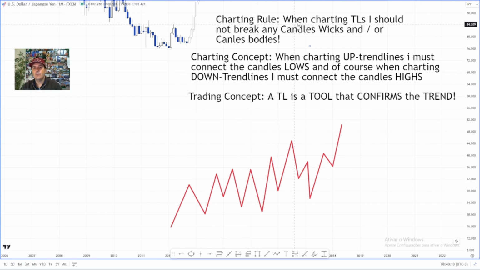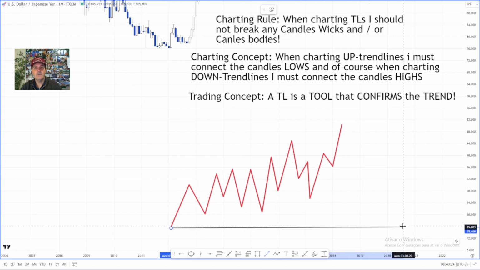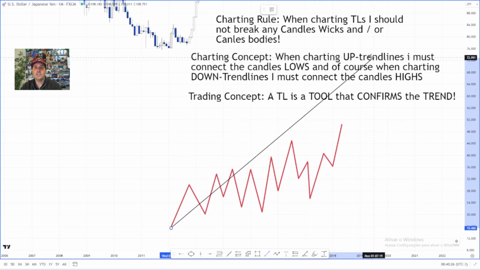So when charting the trend line, I should not break any candles and wicks. Now I'm going to take the first low, which is the starting point of the trend, and extend the trend line. As it said, when charting uptrend lines, I must connect the candles' lows.